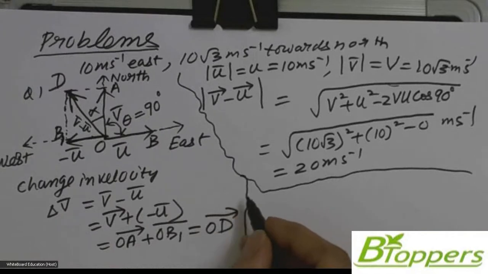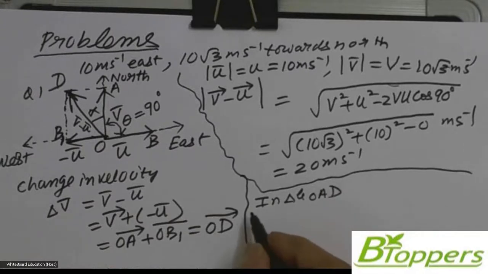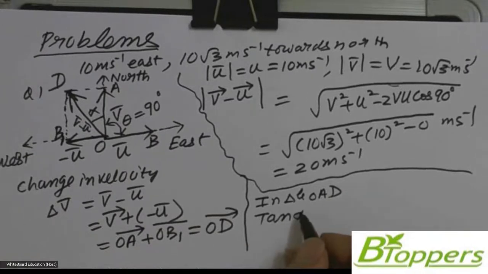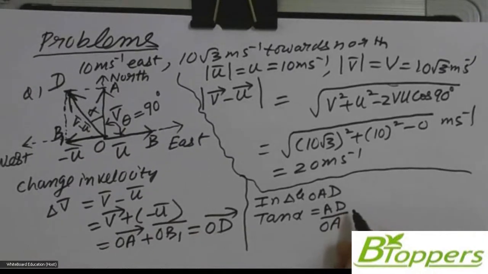So in the right angle triangle OAD, tan alpha equals the length of the side opposite to alpha divided by the length of the side adjacent to the angle alpha. So AD by OA. Now in the rectangle OADB1, opposite sides are equal in length. So the length of side AD is the same as the length of side OB1.